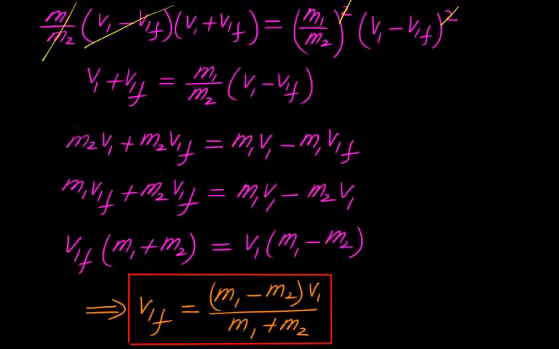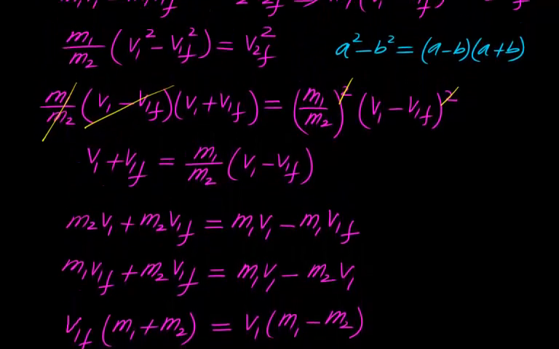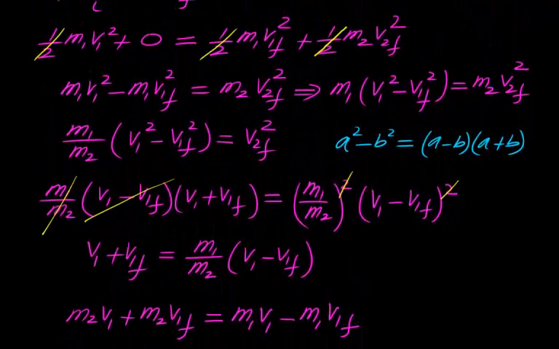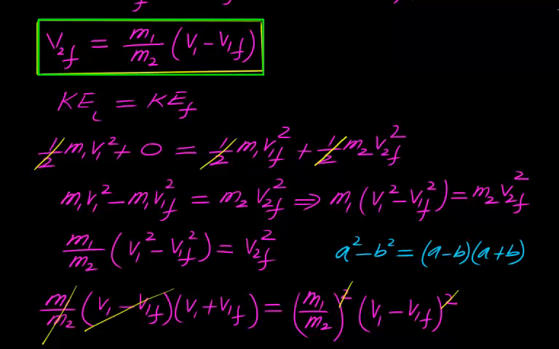To be able to solve for the v2 final, you need to substitute the v1 final that we have obtained here in the previous equation that we have been able to derive, which is the following one.